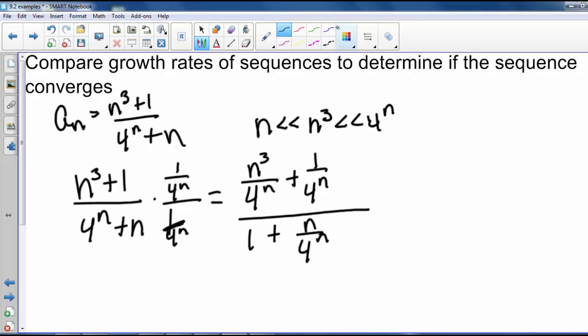So because 4 to the n grows faster than n cubed, this term approaches 0 as n goes to infinity, as does 1 over 4 to the n. And since 4 to the n grows faster than n, n divided by 4 to the n approaches 0.